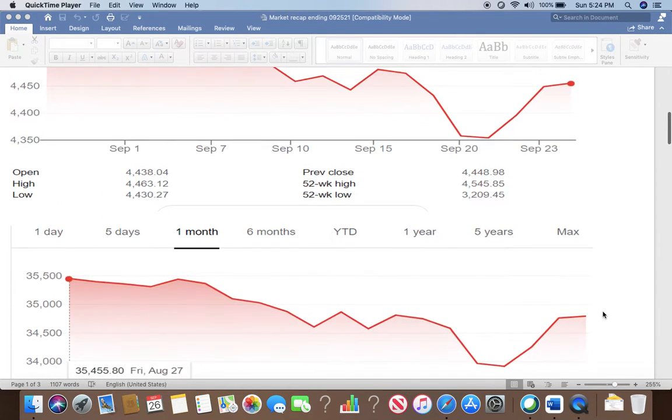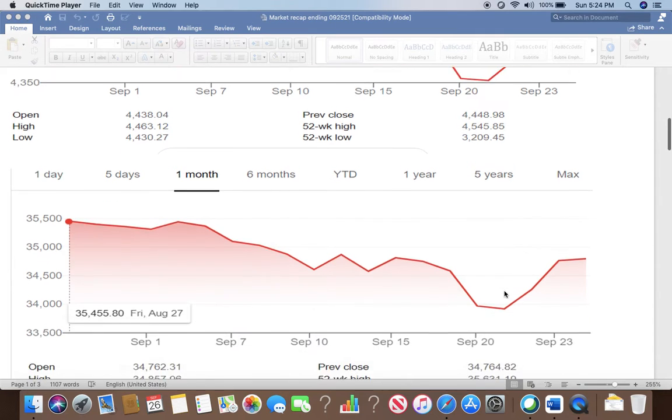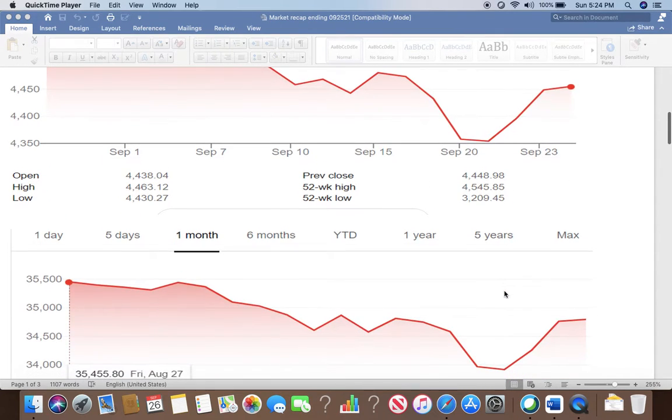The key thing right now is that you can see the picture of these two over the last 15 days, or even for the month, they ran a very similar pattern.